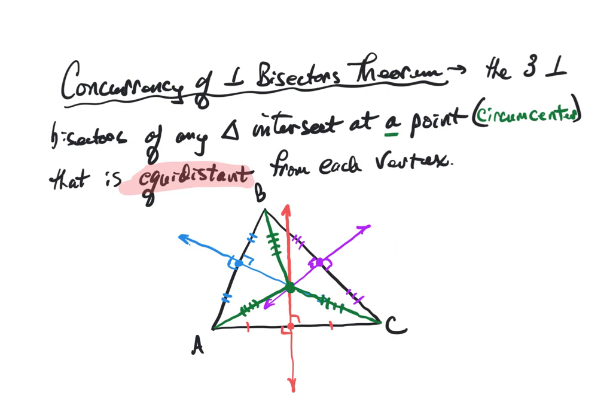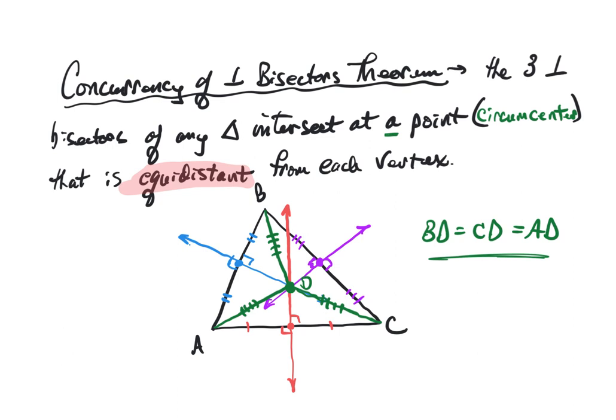So the result of the theorem for my picture, if we call this circumcenter point D, is that BD is equal to CD is equal to AD. All of those distances from the circumcenter to the vertices, the corners, the angles, are going to be equal. Okay? So there's the second theorem for perpendicular bisectors.